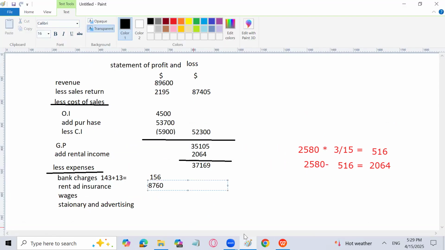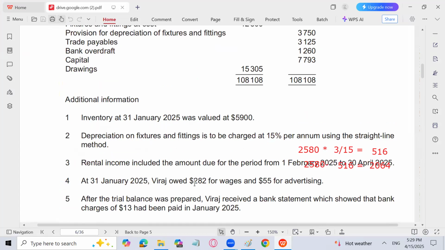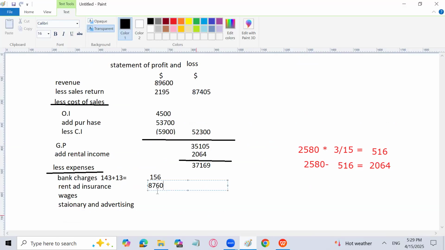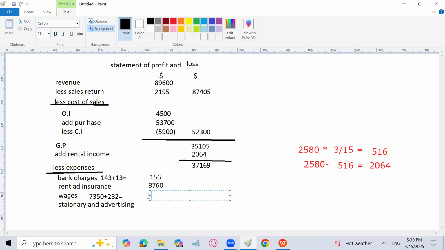Then wages, we will write wages as an expense that is given 7,350. Is there any wages accrued? Yes, 282. So 7,350 plus 282. What is the amount? 7,632.